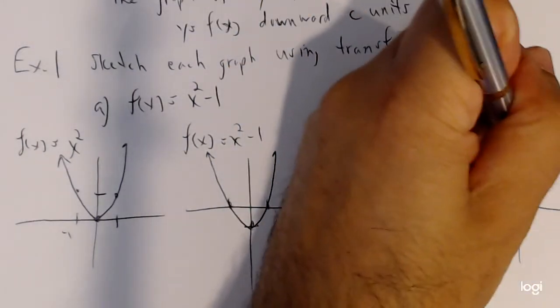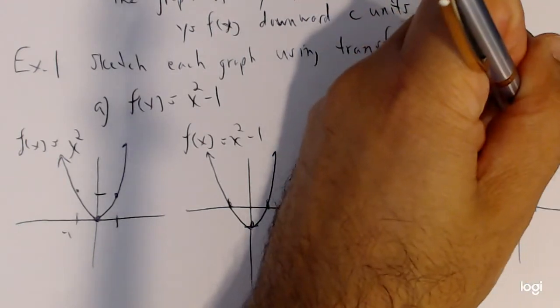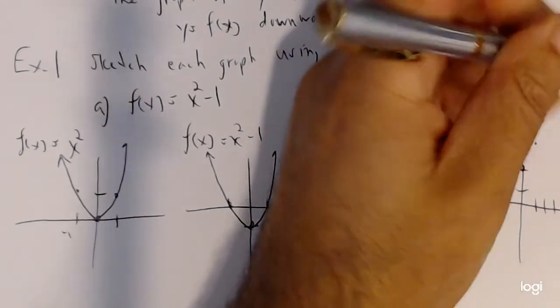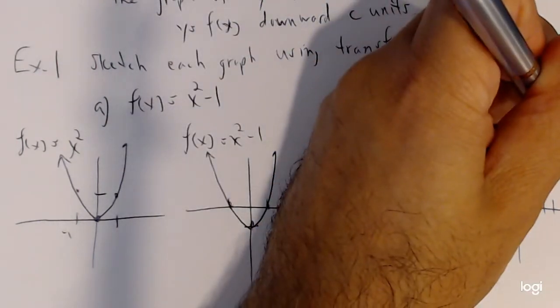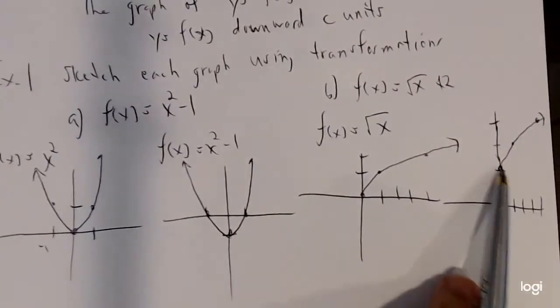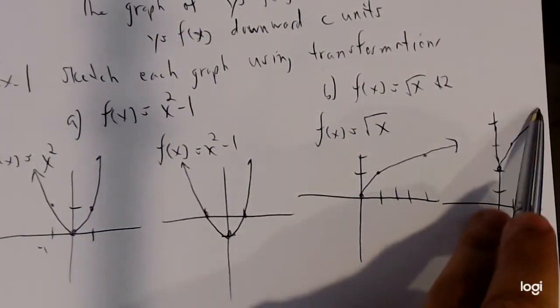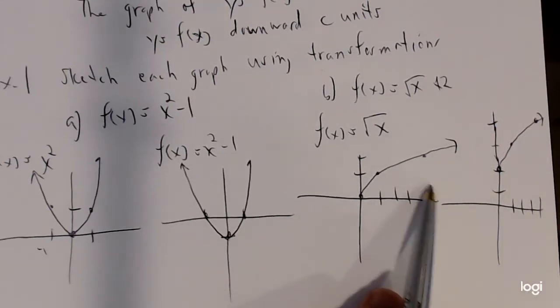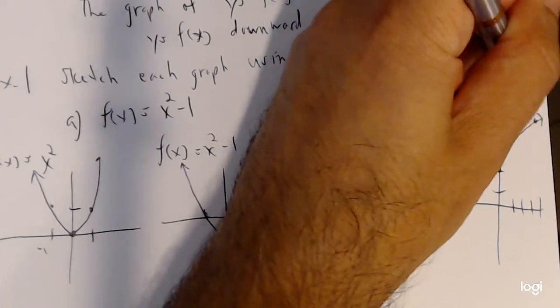So we'll be at 0, 2, 1, 3, and then 4, 4. I'm running out of room here, but this is just this graph moved up 2. It looks like it's increasing faster, but it should be this graph just moved up 2. So that's f of x equals rad x plus 2.